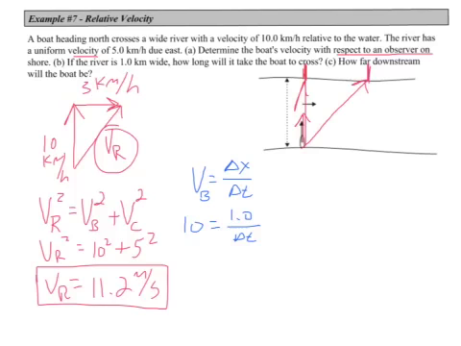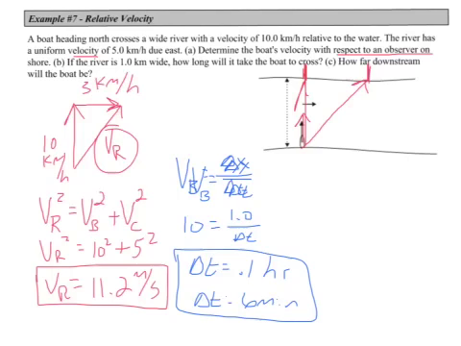So because this is a constant velocity for the boat, we can apply the constant velocity equation, and we end up with 0.1 hours, which is 6 minutes. Okay.